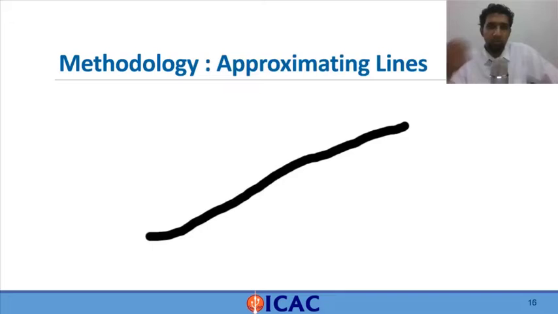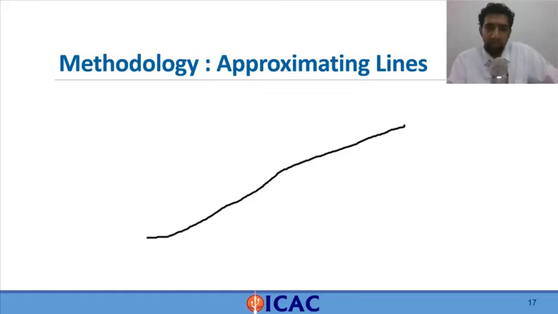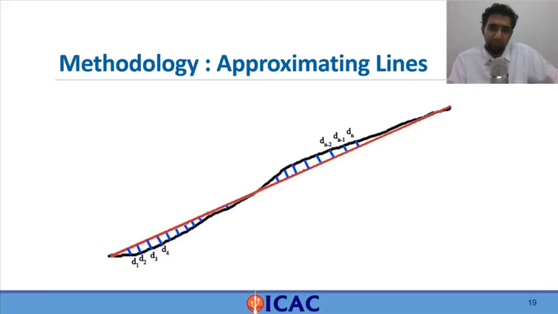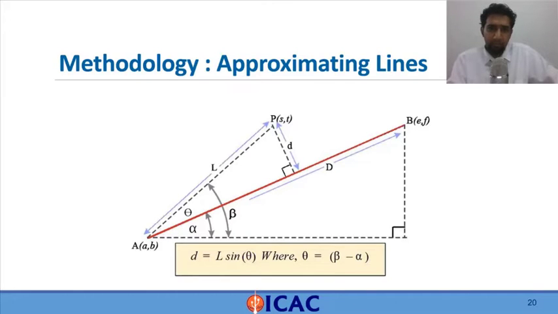So approximating a line: now this is a hand-drawn line. Now you can thin it using the algorithm. Taking the starting and ending pixels, you can draw a hypothetical line connecting them, and then find each and every pixel's deviation from that line. Calculating the deviation is really simple.